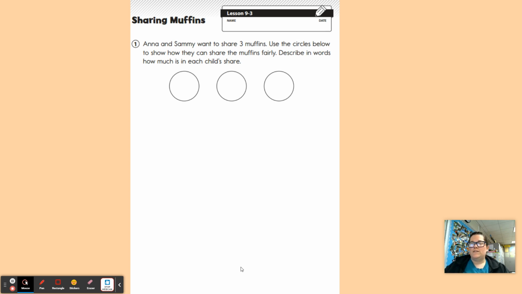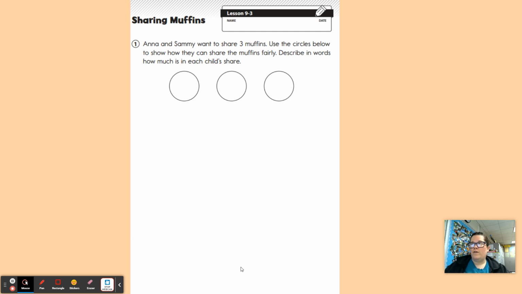Okay, so let's think. Who is going to be sharing these muffins? Anna and Sammy. So how many kids is that? Just 2 kids. Okay, so 2 kids have to share 3 muffins. So think about how you can divide those muffins so that Anna and Sammy would get the same amount.